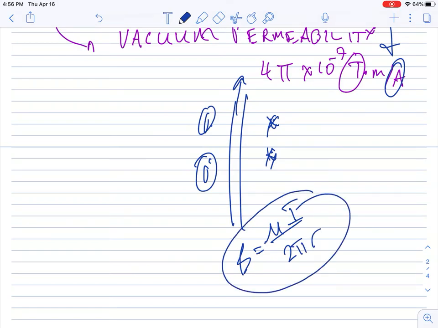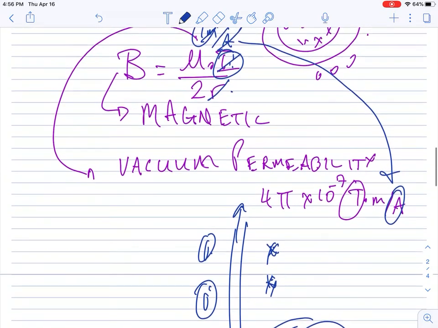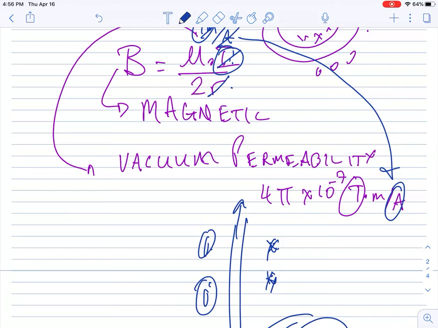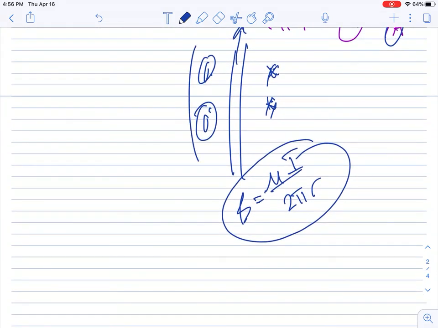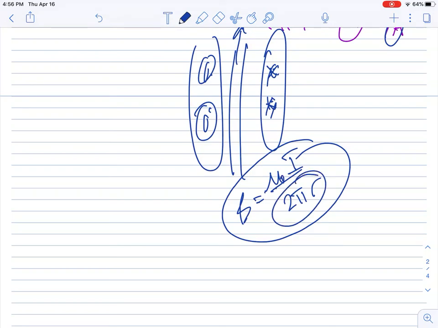Now, the reason that we introduce 2 pi r, which is basically the circumference, is that if it's a loop, you use mu naught I over 2r. If it's a wire and you're finding the magnetic field strength around it, you use mu naught I over 2 pi r. So this is basically giving you the circumference. Now, here's the beauty of this.